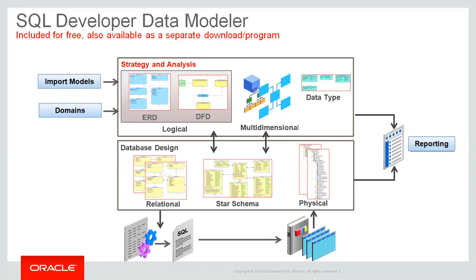There's an optional reporting repository that you can deploy into a database so you can run queries against your designs. You can import your designs from the database or from your Oracle Designer repositories, if you still have those laying around. And you can also import data dictionary information from DDL scripts.